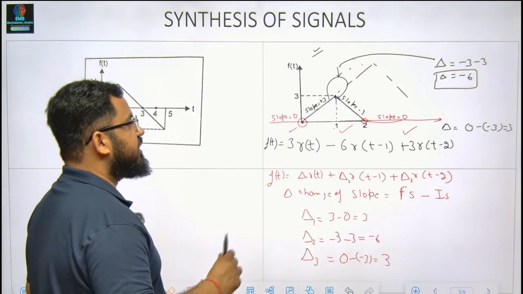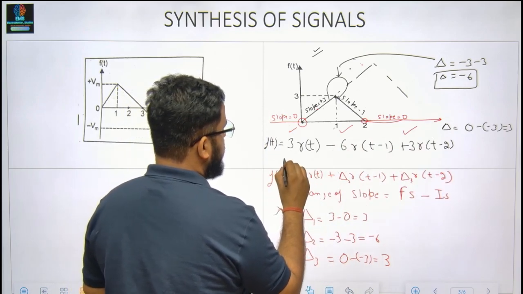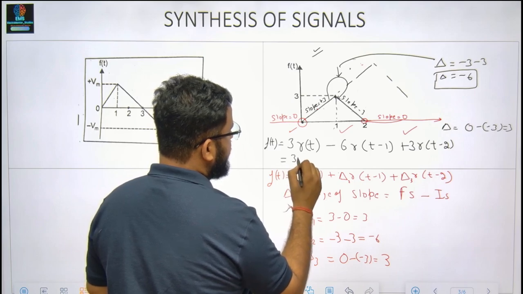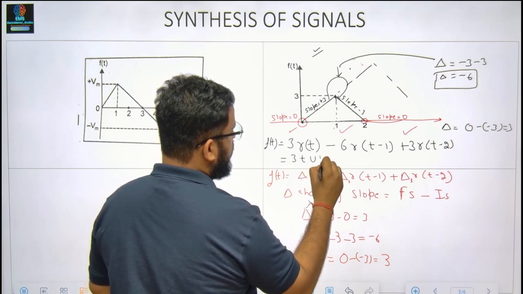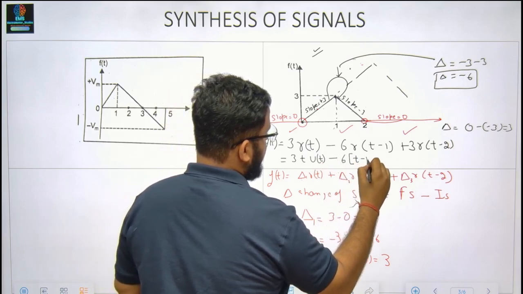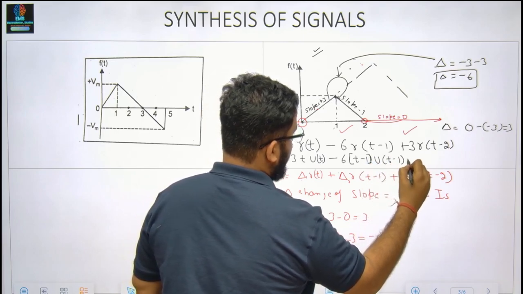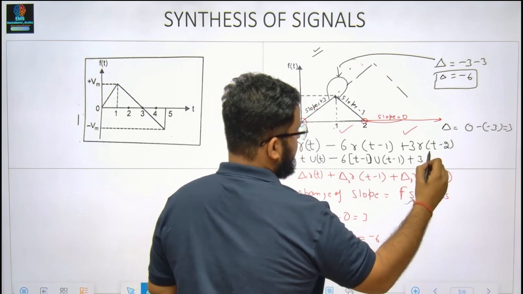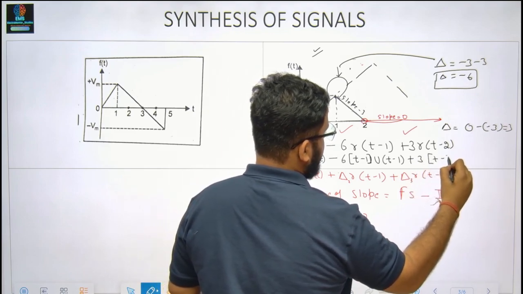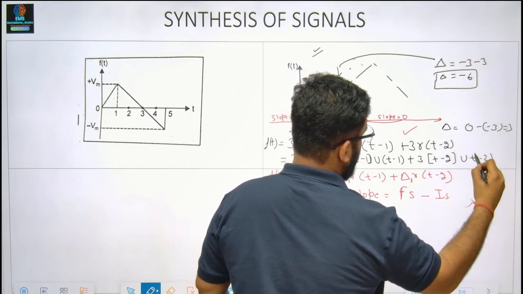But at times, the examiner asks you to write this in the form of u(t). So you just have to replace this with u(t): 3 times r(t), minus 6 r(t minus 1) u(t minus 1), plus 3 r(t minus 2) u(t minus 2).